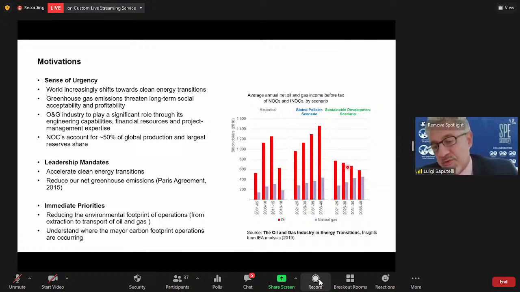So we're talking about, by 2036, probably a 50% reduction of the overall income. You see here that gas income does not get reduced, so it's basically preserved, taking a different level of activity.